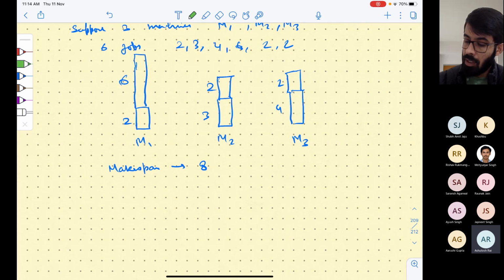And what is the optimum? Let's draw the optimum in green here. How can we do the optimum? What we can do is put this 6 on one machine by itself and transfer this 2 to here. It will make it 7. So 6, this is 3, 2, 2.